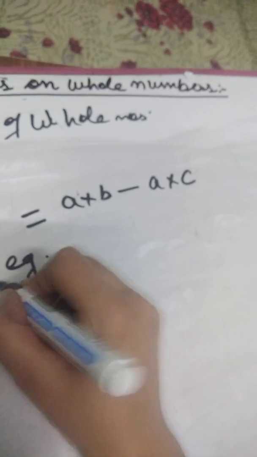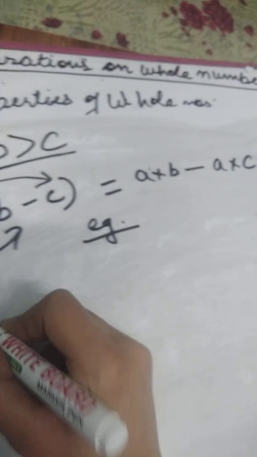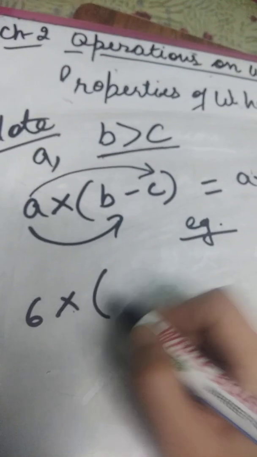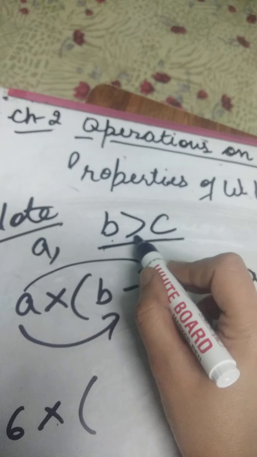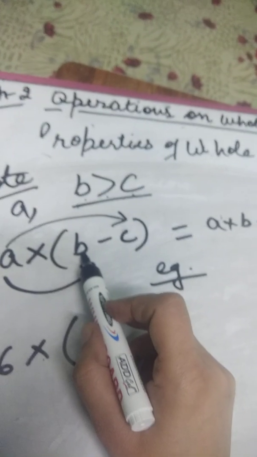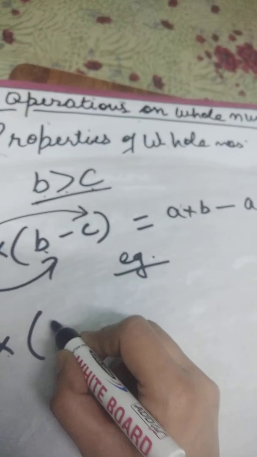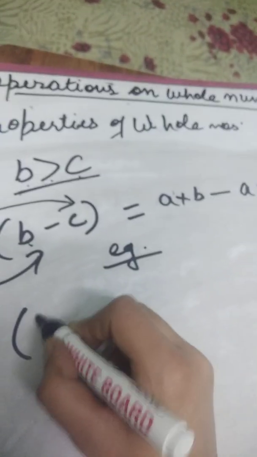If I take an example here, I say this is A, I take 6 multiply. We have to keep this condition in mind, B greater than C. Now when I write the number here, B should be greater than C. So let me take 5 minus 3, for example.